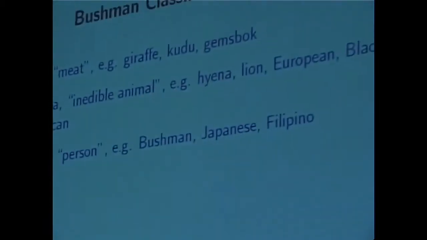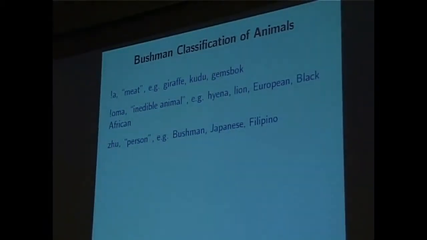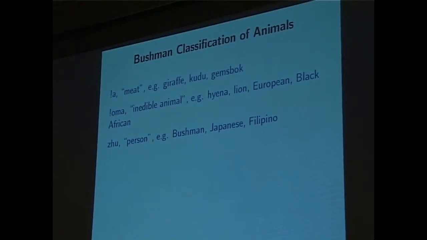Let me show you the Bushman view of things. Bushmen divide animals into three categories. Ka means meat. It's something you can eat, so a giraffe, a kudu, a hartebeest, these are ka. Coma is an inedible animal, a predator. And coma includes hyenas, lions, me, black people.